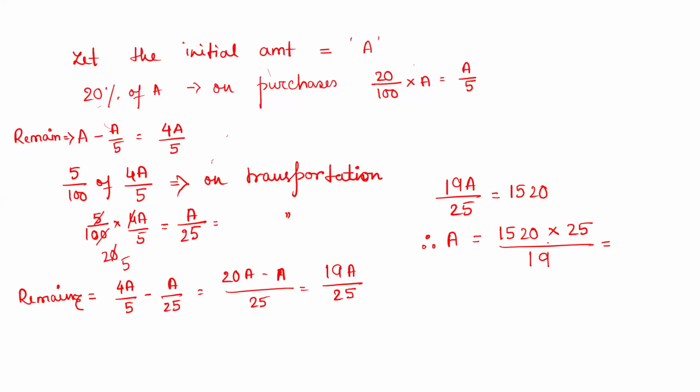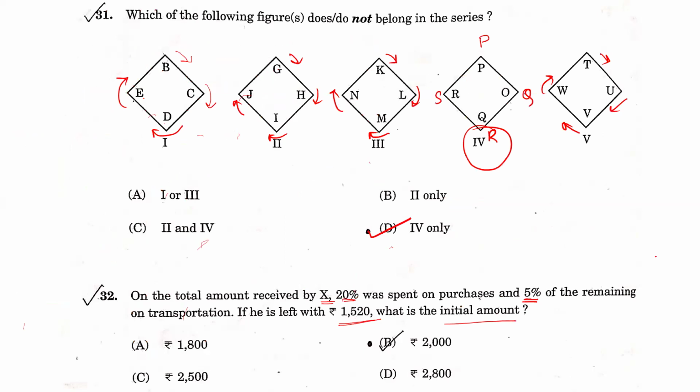19 8s are 152, we know. So 19 ones are 19, 19 8s are 152. So 25 into 8, that is 2000. So this is your correct answer. Let's see, where is 2000?